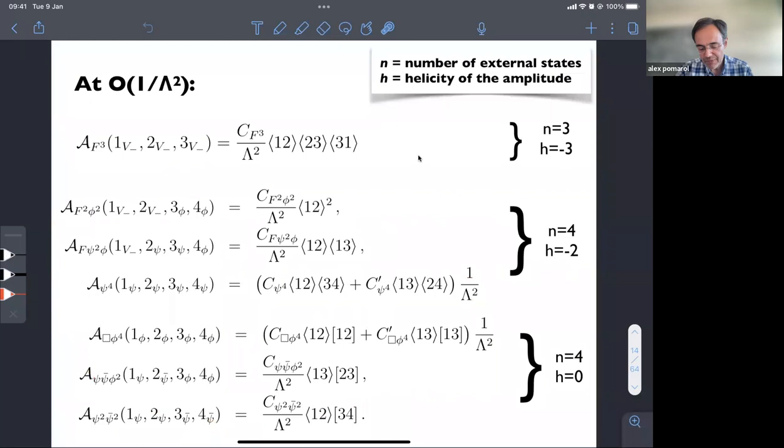Of course this is valid for the standard model, but it is also valid for any other theory. What I'm explaining here depends on the symmetries. The symmetries are global symmetries, what I'm using here, not gauge symmetries. So in the case of the standard model, I'm assuming that they have this.